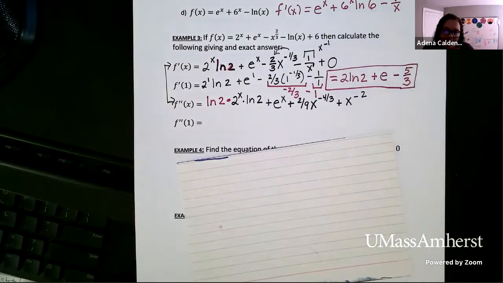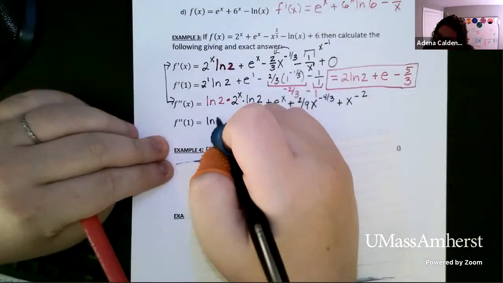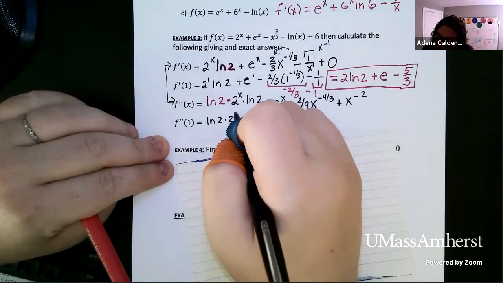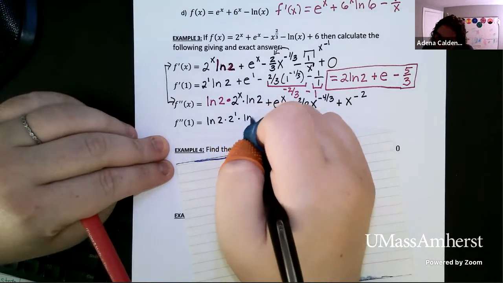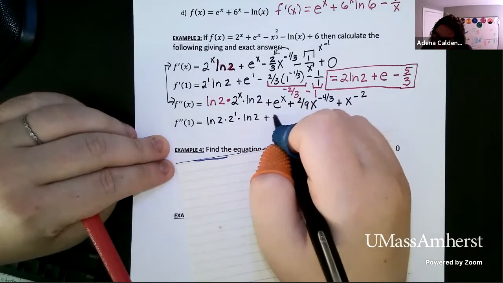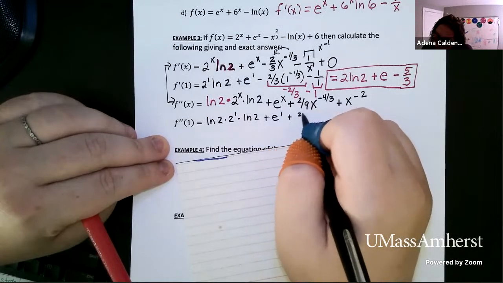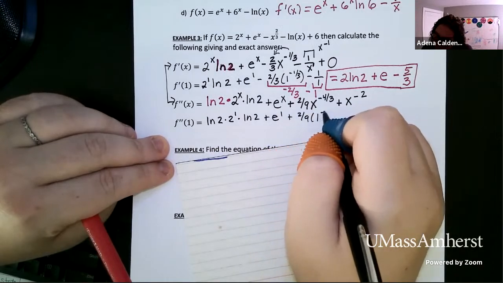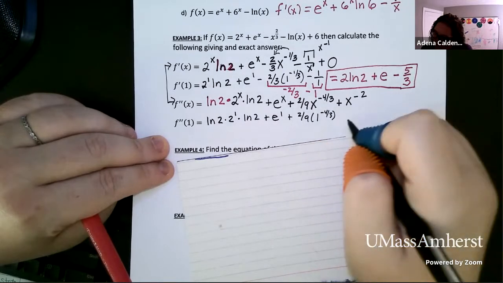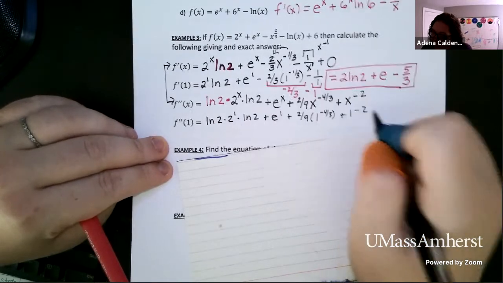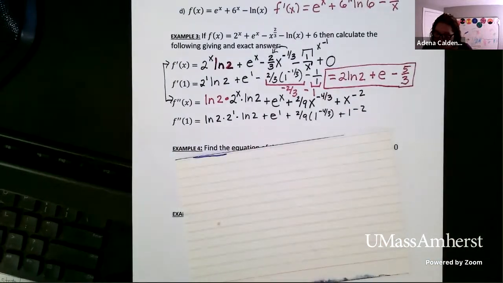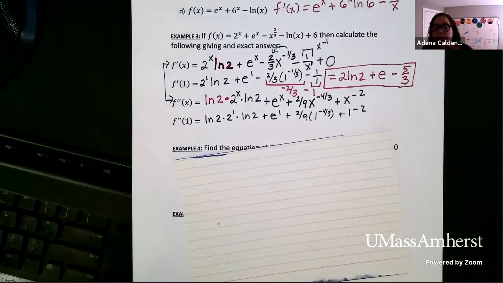So then again, I want to plug in a 1 wherever I see an x. So I just go through and I plug in a 1 everywhere, and then I'll see what I can combine. Okay, so I'm going to go term by term and think about how I would simplify this.